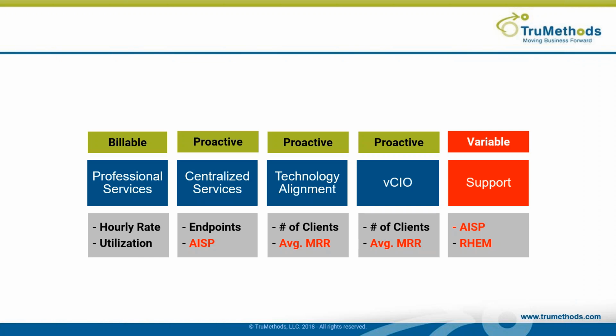Really, here, what drives the amount of revenue that a resource like this can touch is how many endpoints or end users can they manage, and then what do you charge? What's your average all-in seat price, the average price that you charge based on the number of seats they have? This is a real scalable part of the business, Bob. If you don't have these people dealing with tickets and alerts, and you're sending all that to support, as we recommend, one person can manage a lot.